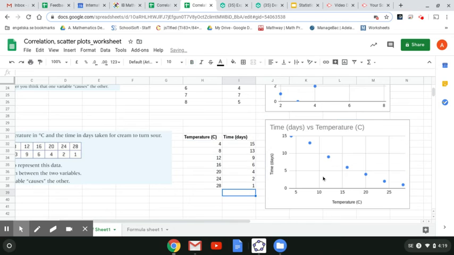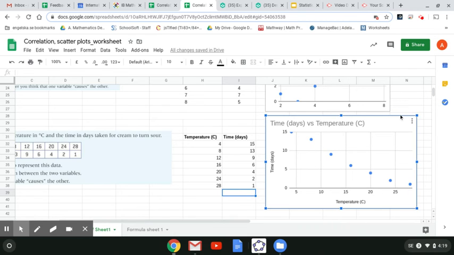And describe the relationship. So we can see that as one of the variables increases, so the higher the temperature, the fewer days it takes for the cream to turn sour. So this correlation is negative.